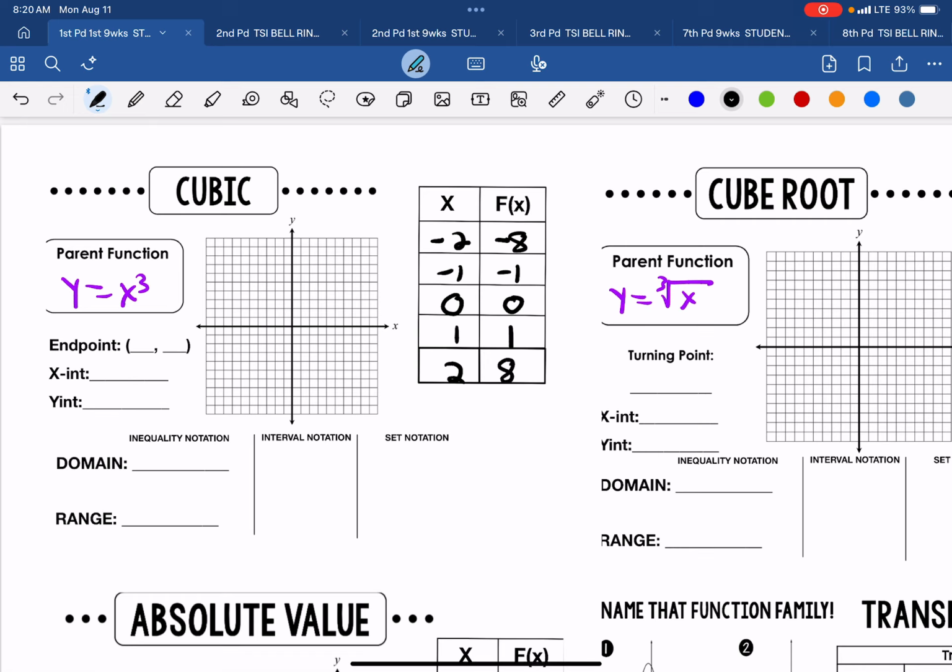Okay? That would be my answer. So 0, 0, 1, 1, 2, 8, and then negative 1, 1, negative 2, 8. And my line will look something like this.